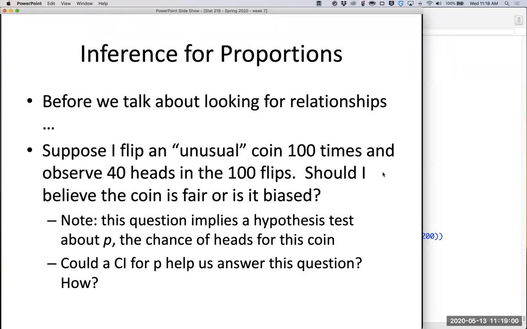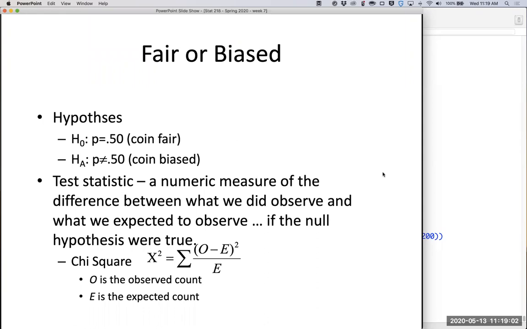Okay, so our null hypothesis is that the coin is fair, the rate of heads, which I'm going to call P for now, is 0.5, or it's not, in which case the coin is biased. And that either means favoring heads, in which case P is greater than 0.5, or favoring tails, in which case P is less than 0.5.